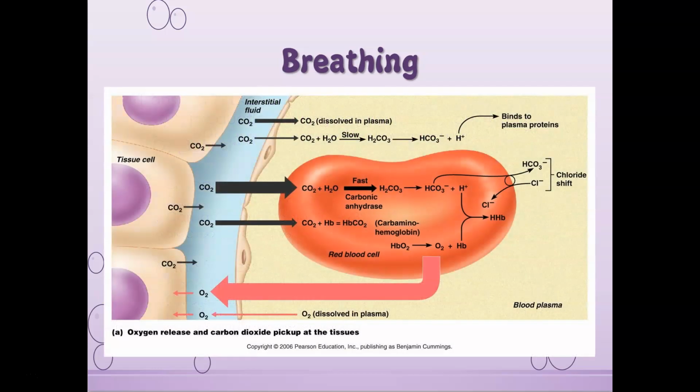And so that's what this is looking at. So here's your tissue cells. All that CO2 that's getting produced by your cells, because they're going through cellular respiration, is going to dissolve into your blood plasma across those capillary membranes, because I've got high CO2 here, low here. And here's where we're turning that into carbonic acid.